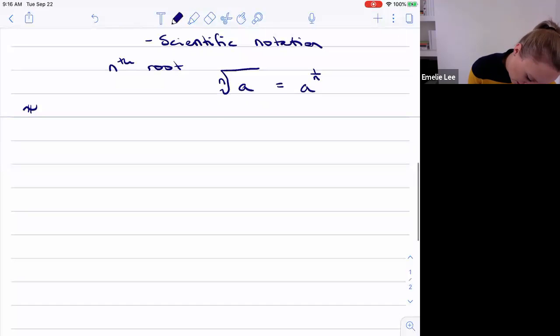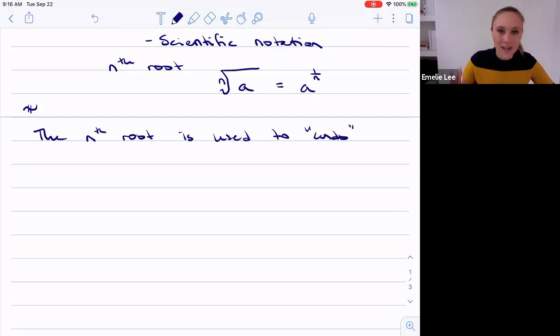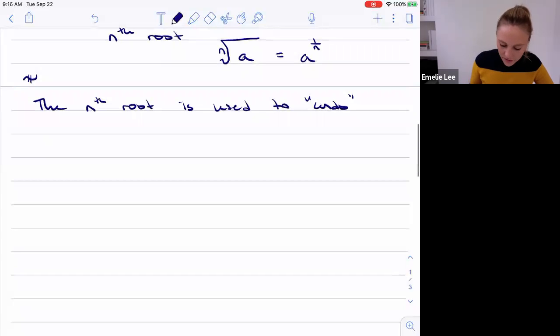The nth root is used to undo, just like multiplying undoes division, adding undoes subtraction. We've got these links between these operations. So the nth root is used to undo the nth power.